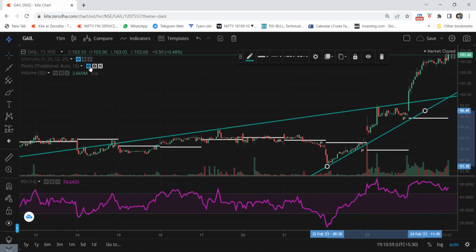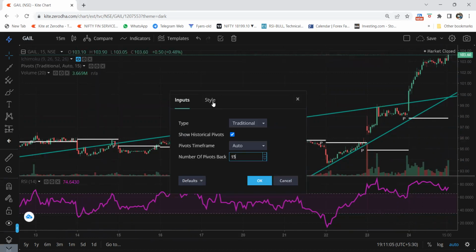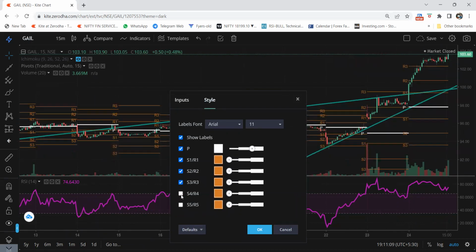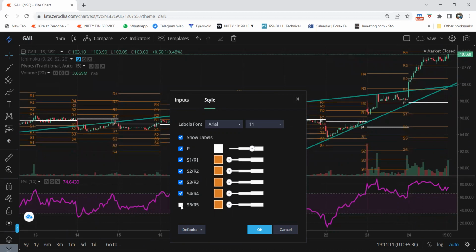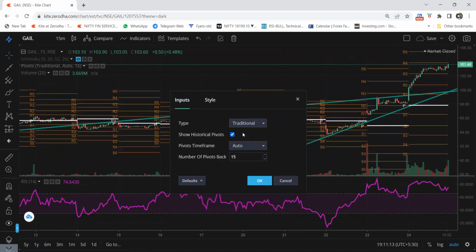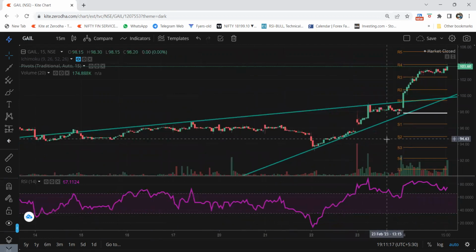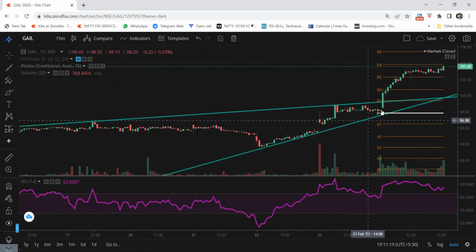Here is the pivot point. All I'm doing is enabling the different pivot levels like R1, R2, R3, R4, R5. I'll just disable the historical so that it's clearly visible.